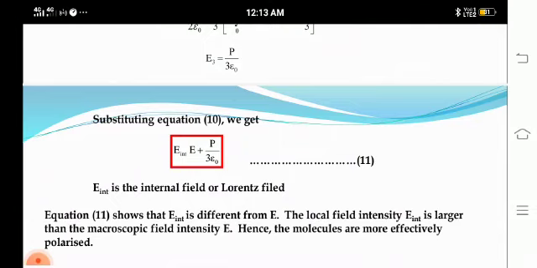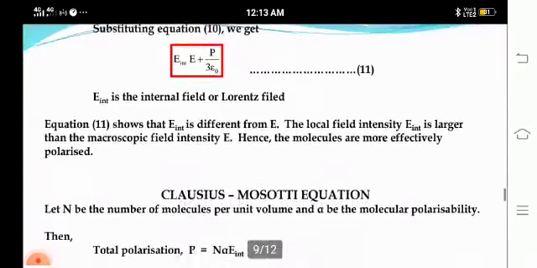E internal is the internal field or Lorentz field. The above equation shows that E internal is different from E, that is E1 plus E2. The local field intensity E internal is larger than the macroscopic field intensity E. Hence, the molecules are more effectively polarized.